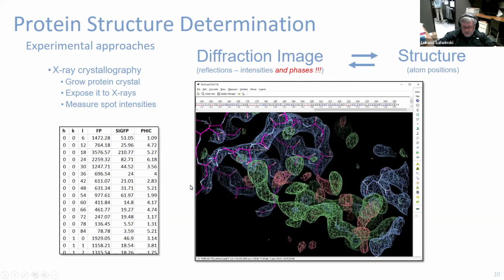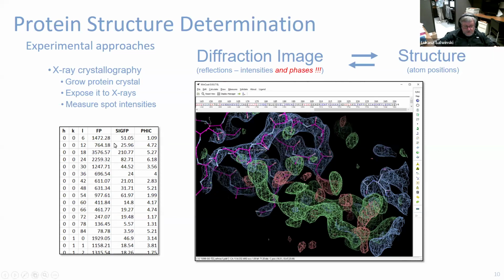And that's the case here. This is actual reconstruction of electron density using a model here in purple, which is known beforehand, so we can place it in our unit, our crystal, and use the positions of the atoms that are coming from the model to calculate the phases for the reflections.